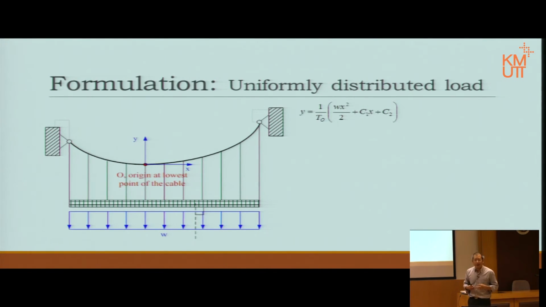So now, however, we continue, and this is where the important point of setting the origin at the lowest point comes in. The first concept is that anywhere you set up the origin, it means exactly x equal to 0, y equal to 0. That creates the first condition. But we have two constants, if you notice, C1 and C2, meaning we need two conditions to find both C1 and C2.